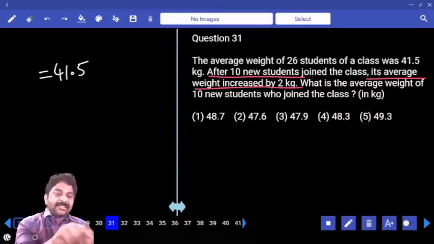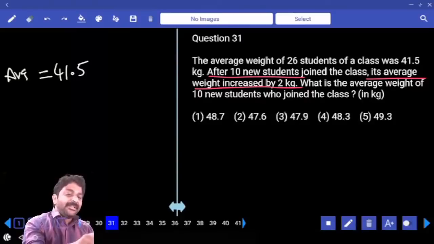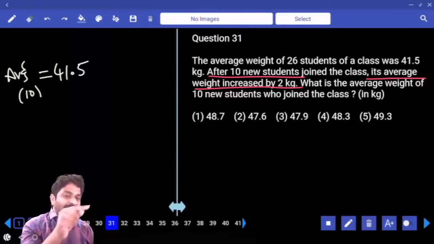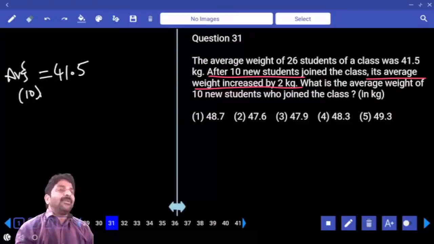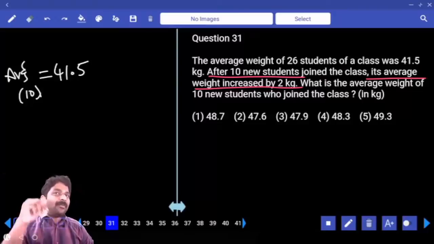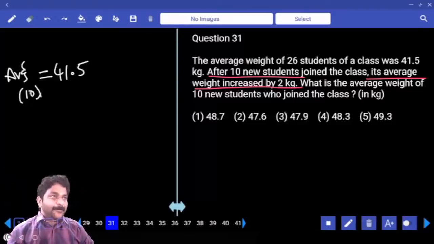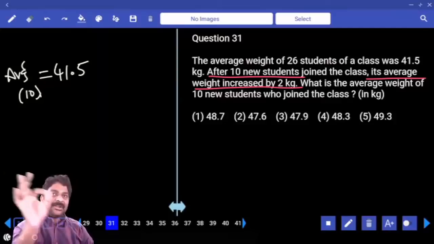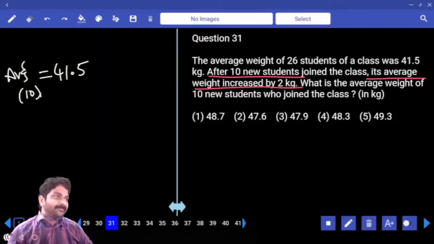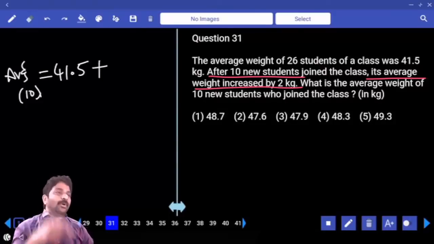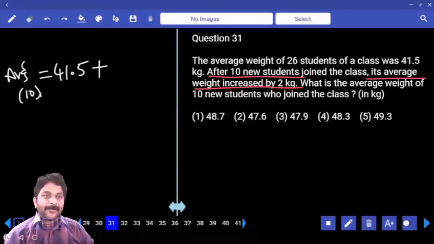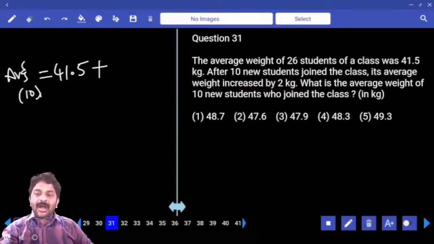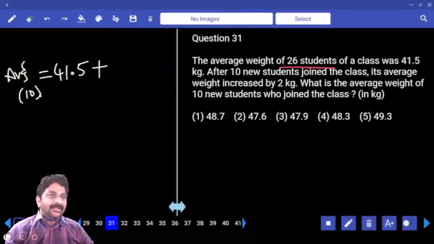That means the average of these 10 new people will be more than 41.5. If it is exactly equal to 41.5, the average will be the same as before. If these people's weight is more, then the average will increase. So now, in the group, how many people are there?